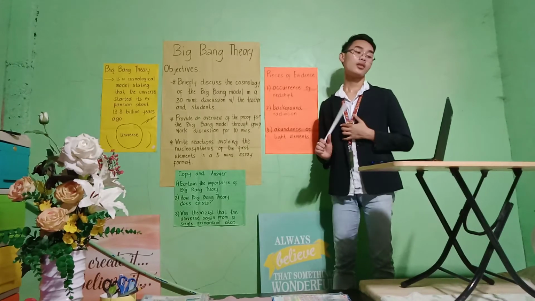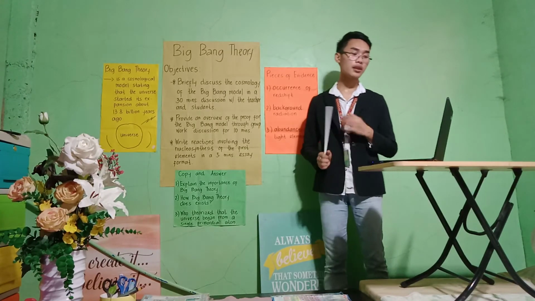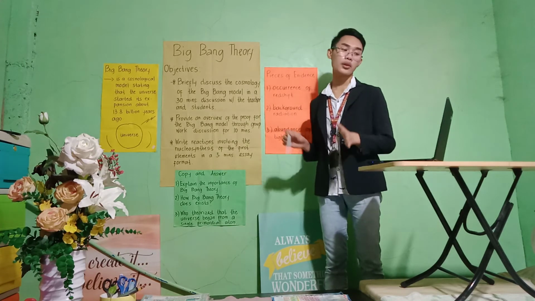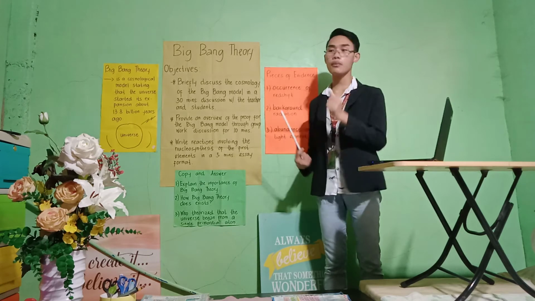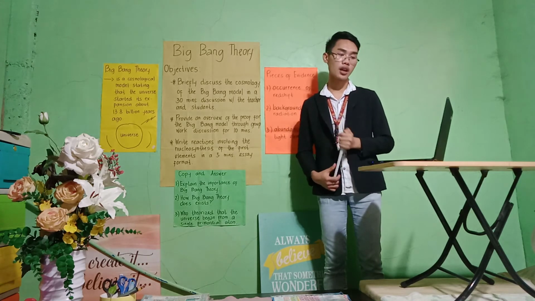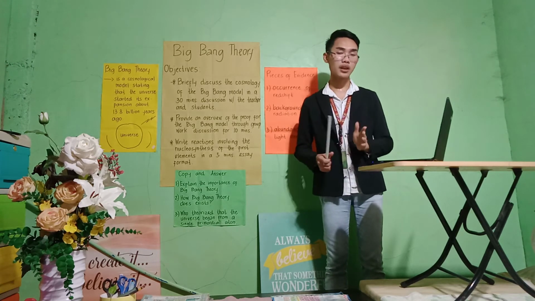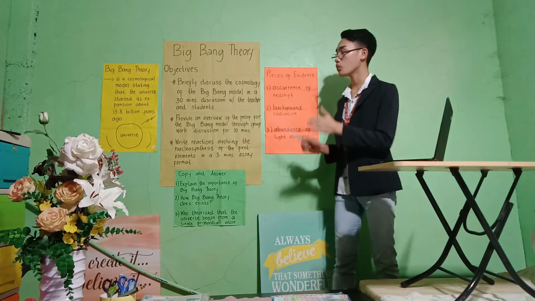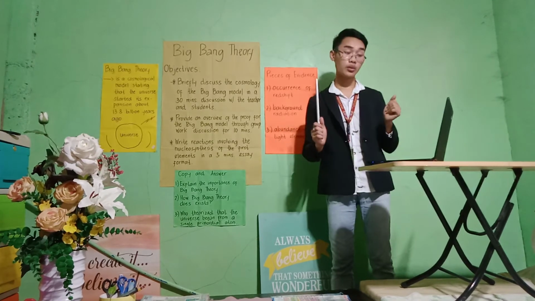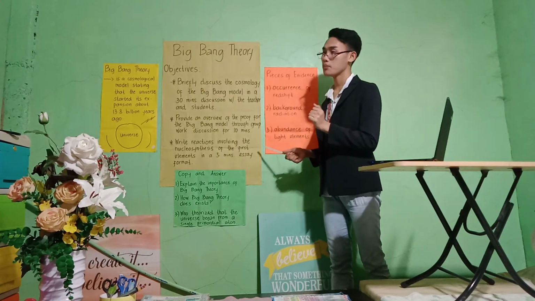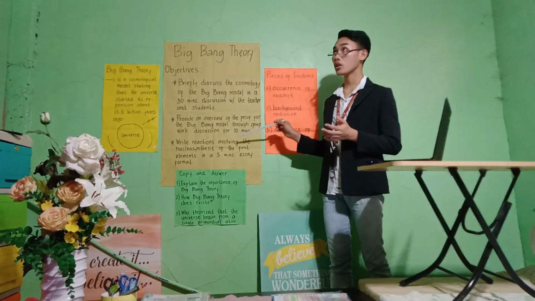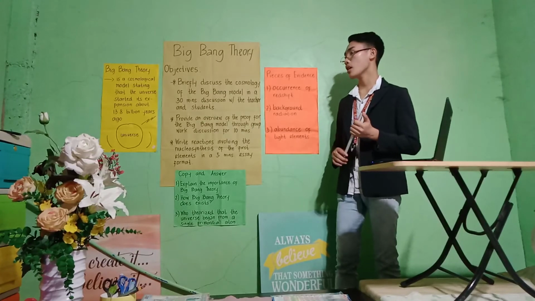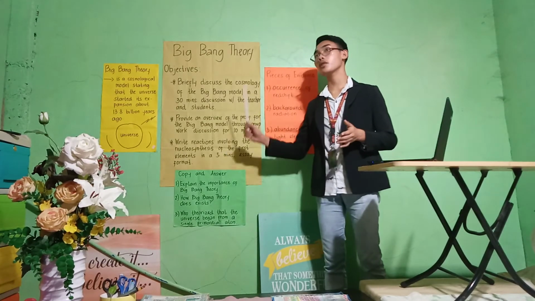Your assignment is all about an infographic. You will make an infographic about the timeline of the Big Bang Theory, and the words must be brief and concise, meaning the words must be short, but really have learnings and be very informative.